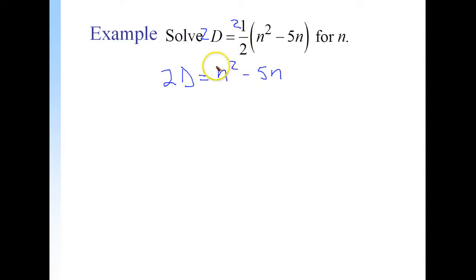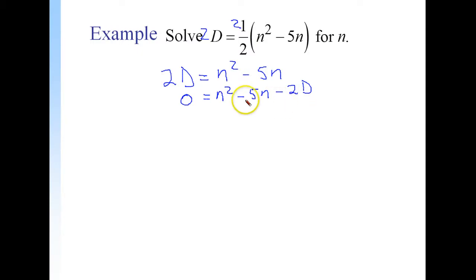Okay, so we want to solve for n. Well, this is a quadratic, and the only way we know how to solve quadratics where they don't factor very well is to put it in standard form. Be a 0 on this side, n squared minus 5n minus, now as we transpose that, 2d.